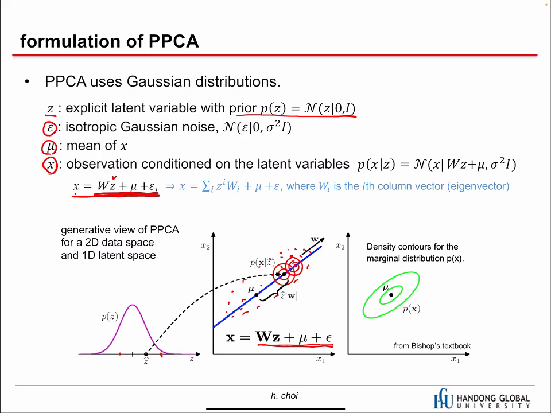So all these observed data samples are generated by these equations. But again, in this model, z is given, and based on this z, all these data samples are generated. So these are the contours for the marginal distribution P of x.